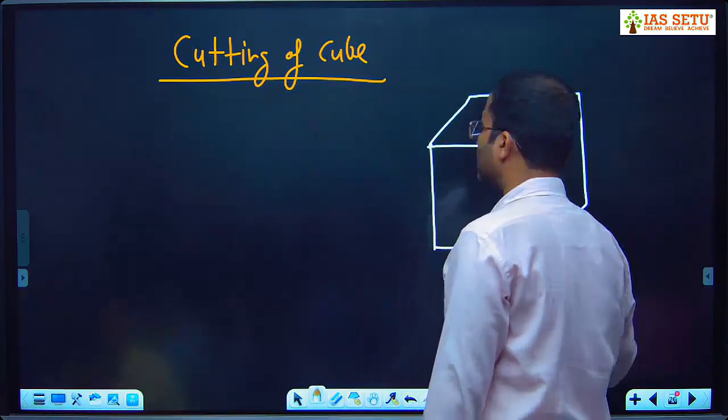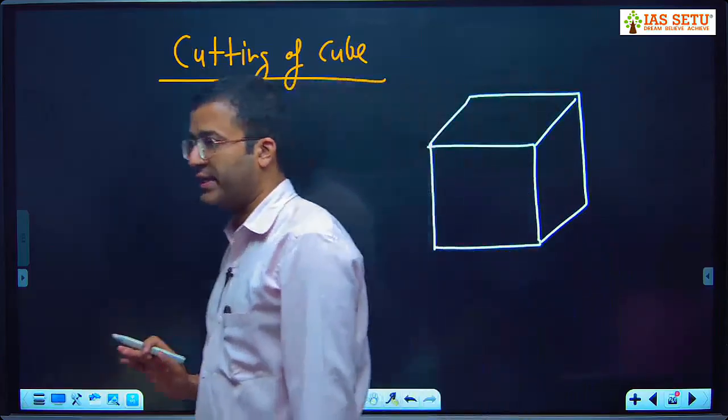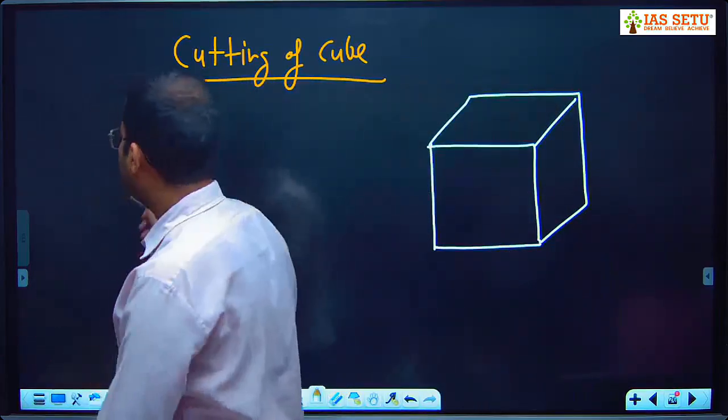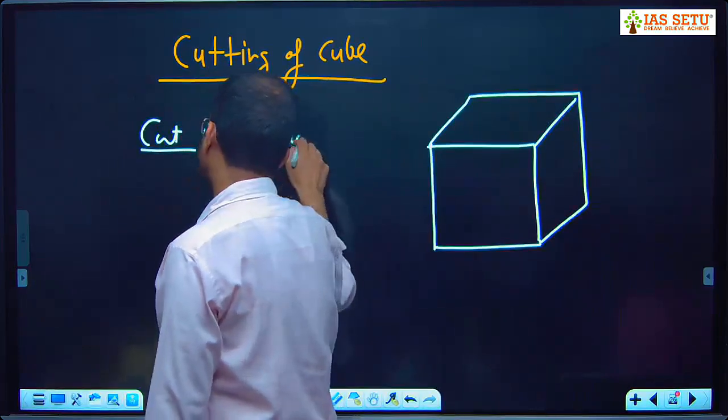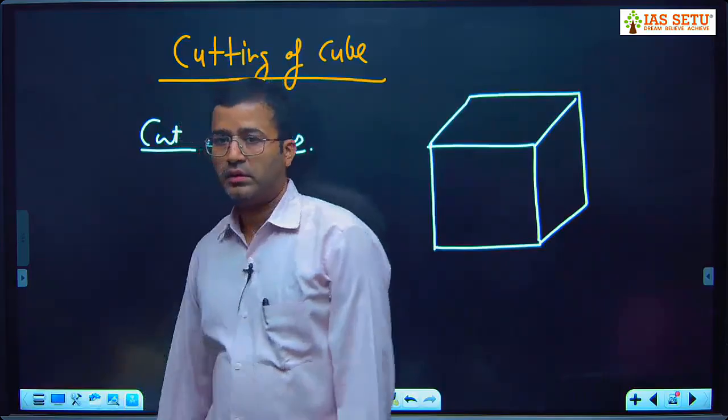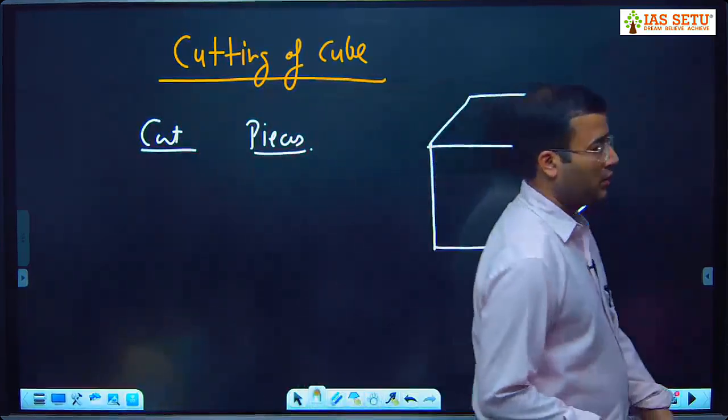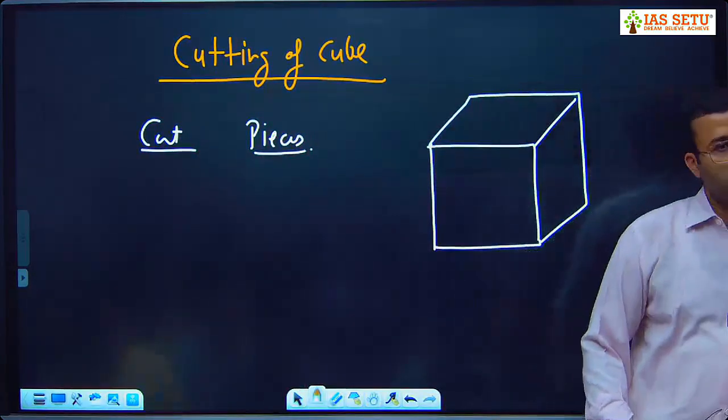All three axes use x-axis, y-axis, z-axis. What is the topic here? Number of cut and number of pieces. And what type of question can be asked, I will discuss.